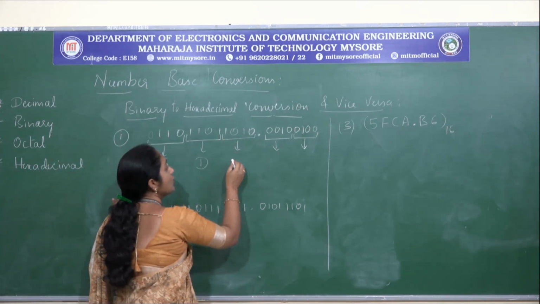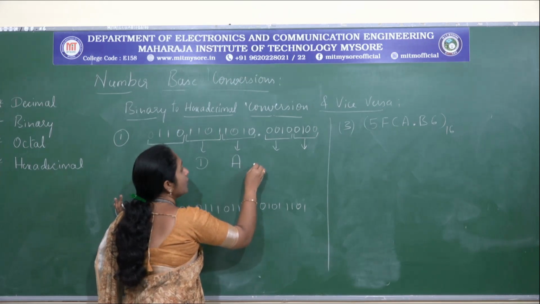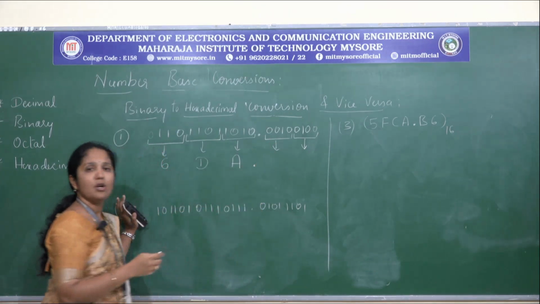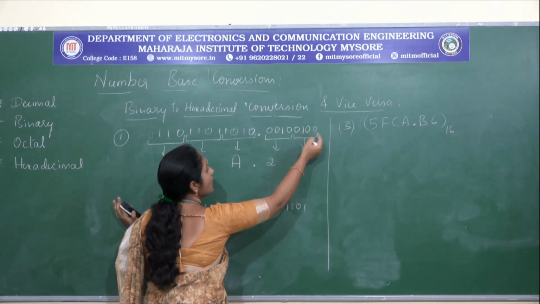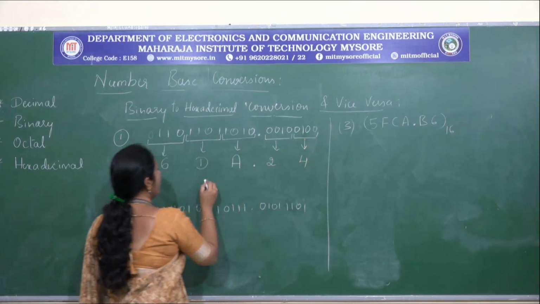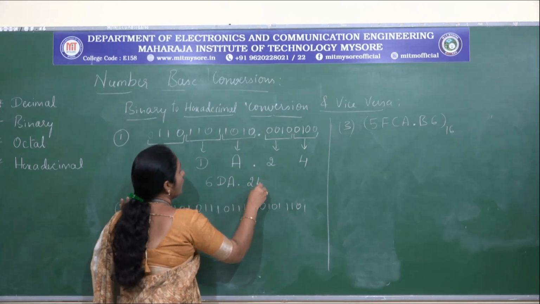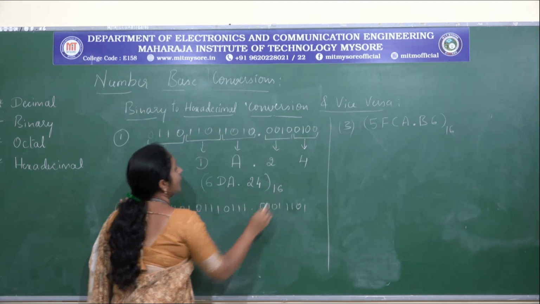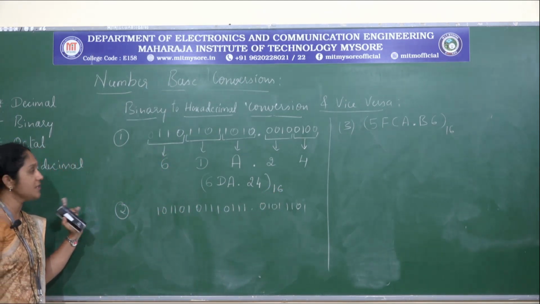Next we have 1 0 1 0, which is 10, which is A. Dot, next 0 0 1 0 is 2, next 0 1 0 0 is 4. Therefore 6 D A dot 2 4 is the equivalent number in the hexadecimal number system for the given binary sequence.